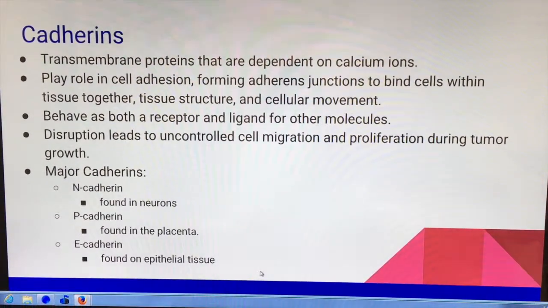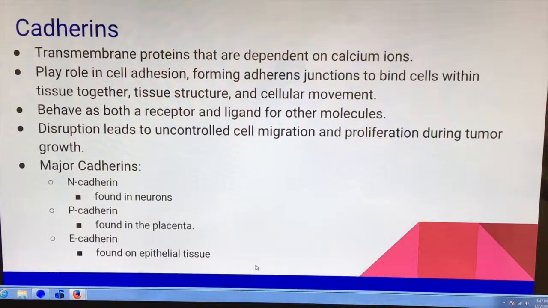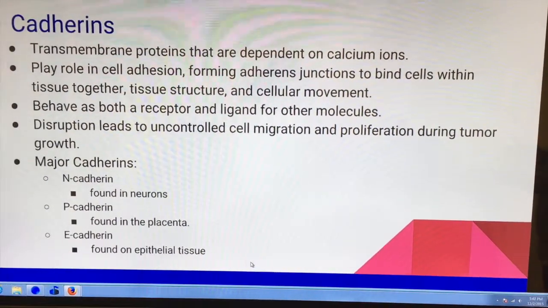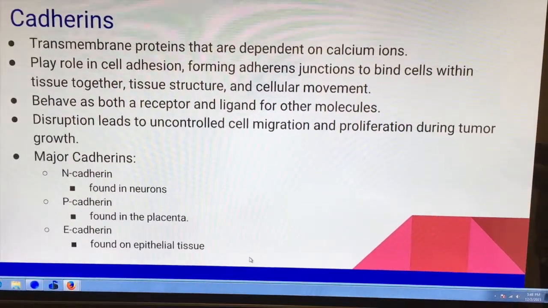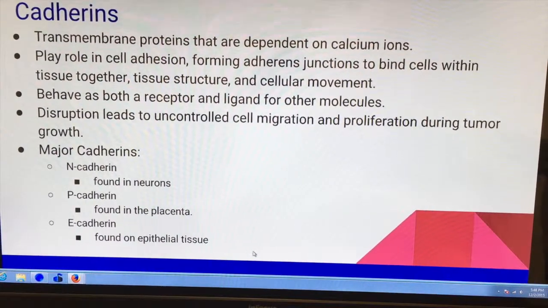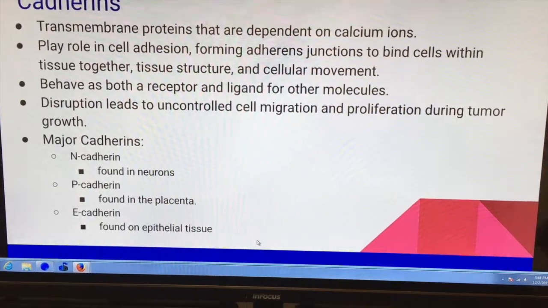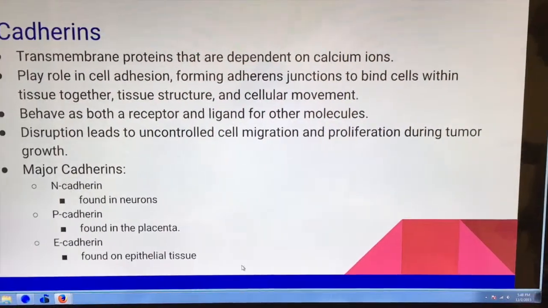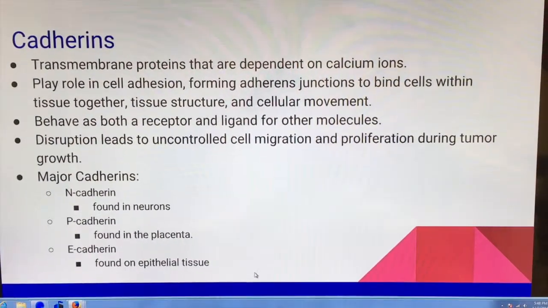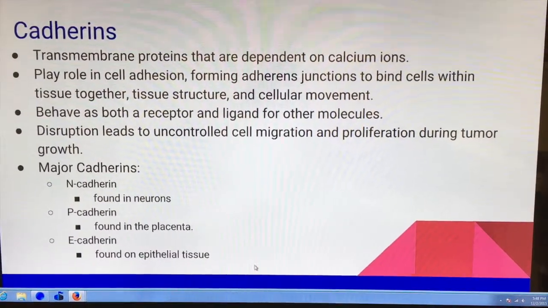During tissue development, the tissue is dependent on the activities of the cadherin families, which include classical cadherins, which are those right here, the N, P, and E cadherins, protocadherins, and atypical cadherin.